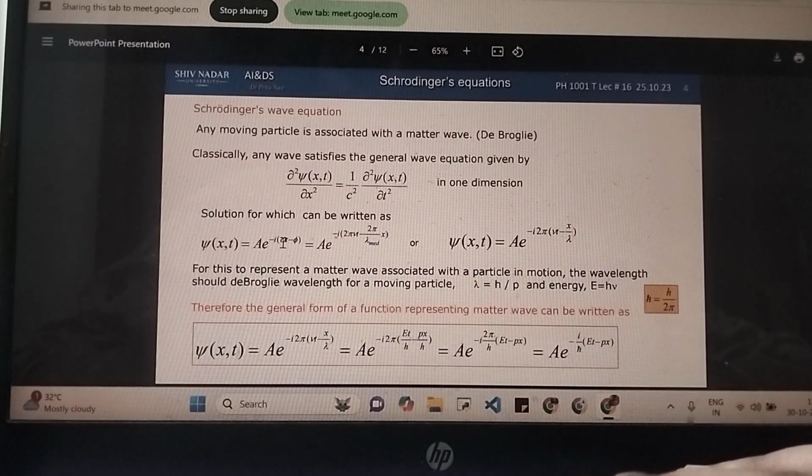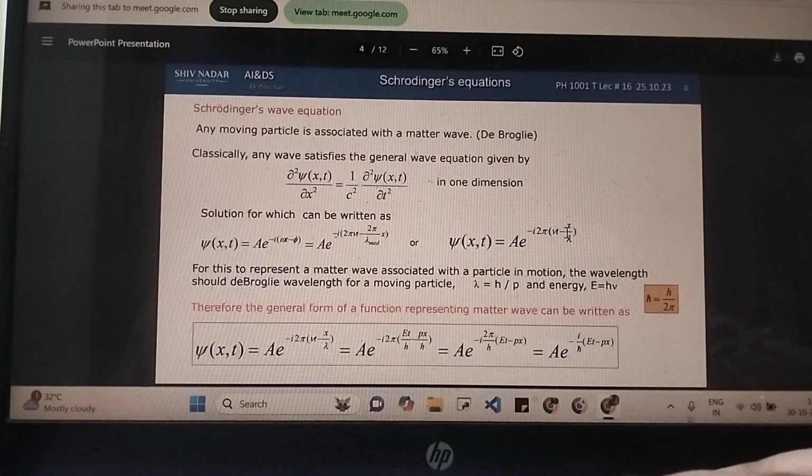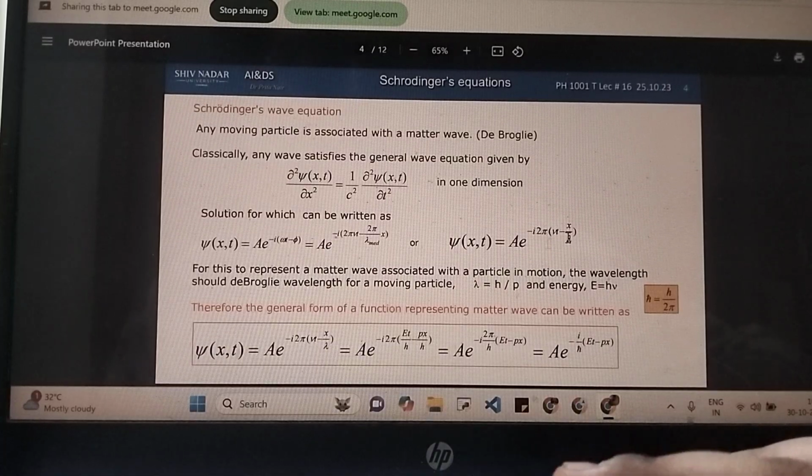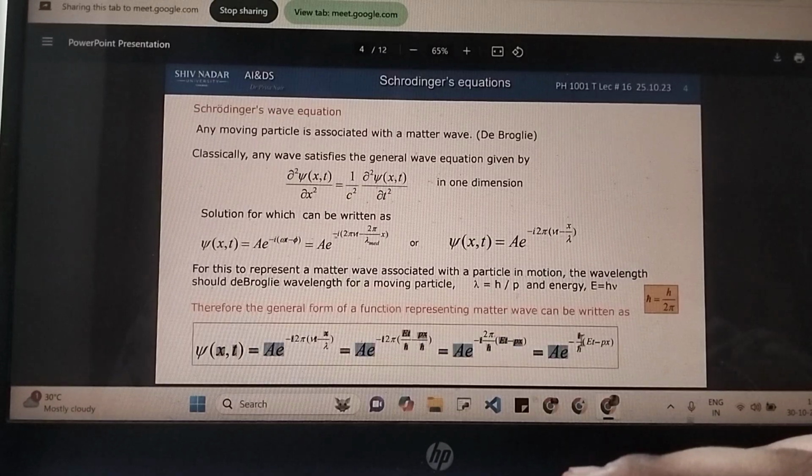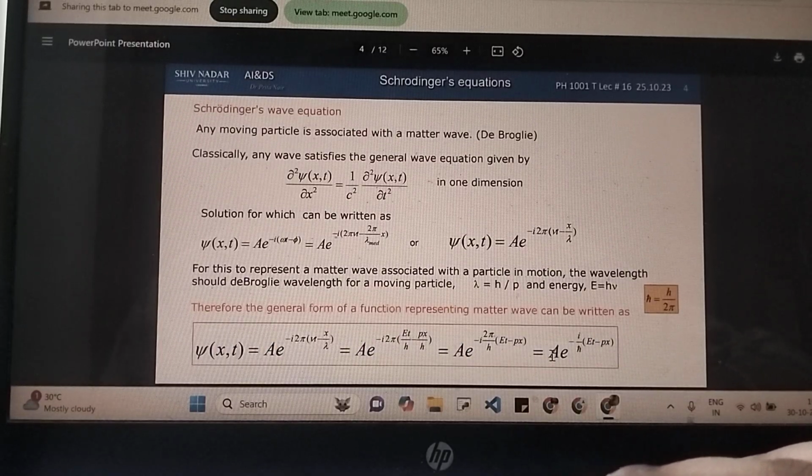Here we replaced omega with 2 pi nu and phi with 2 pi x upon lambda. We brought the common factors out. We wrote nu and lambda in terms of h. Again we brought the h outside, and we replaced h by 2 pi with h cross. So finally our expression for wave function which we have now is psi of x comma t equals A e raised to minus iota by h cross times (Et minus px).